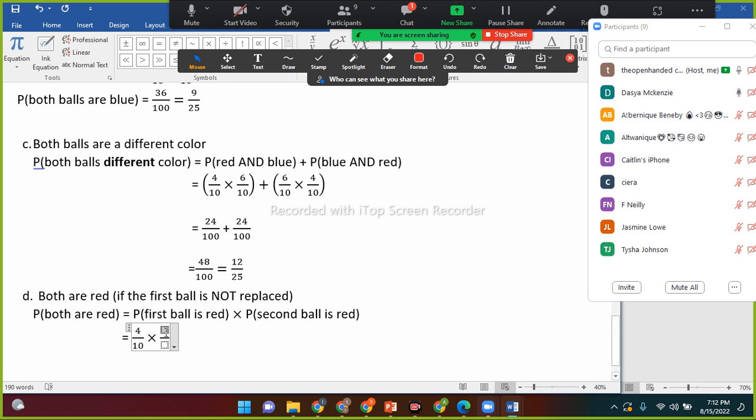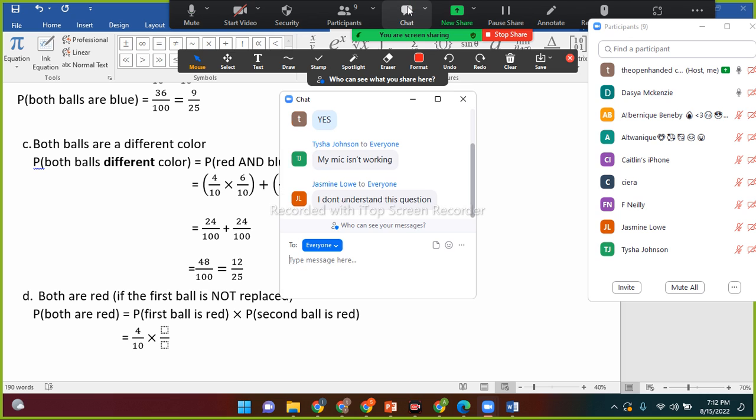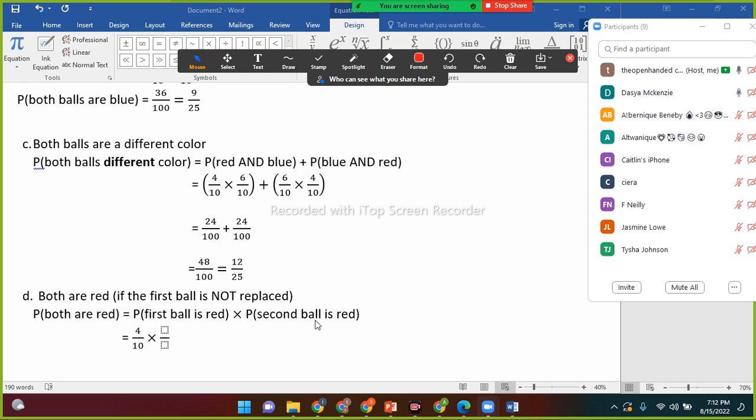No, that's not right. You said this first ball is red. The second ball is red. What is that? No, that's not right. 3 over 10. Exactly. Thank you, Jasmine.